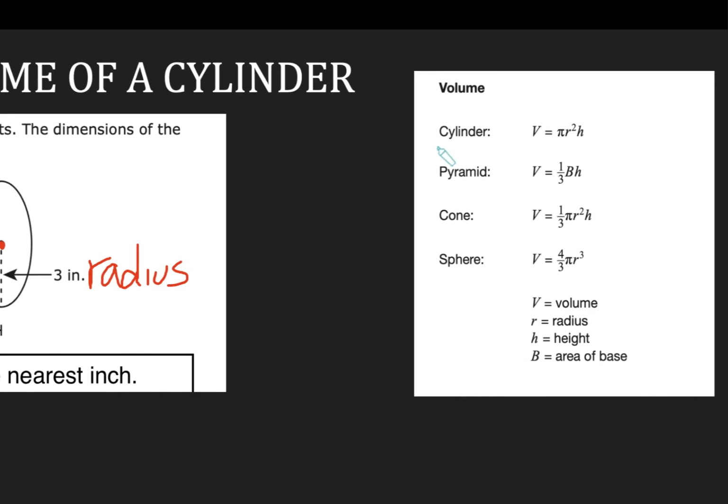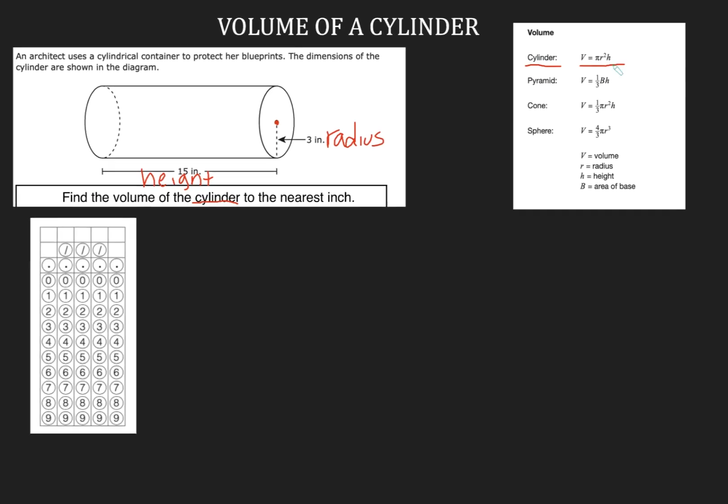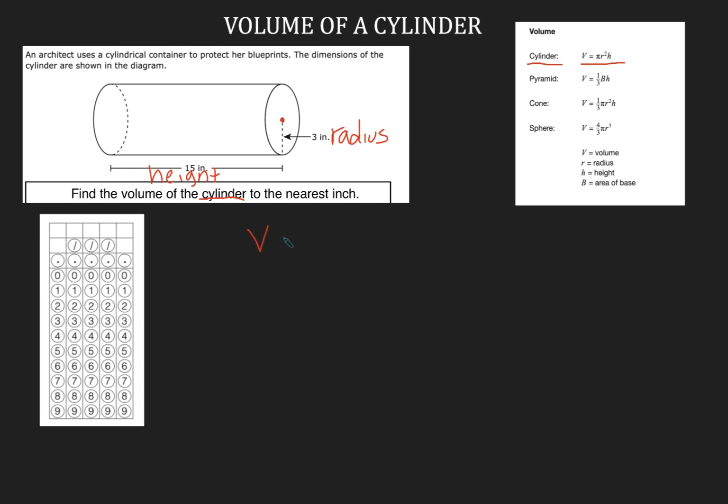So we know it's a cylinder, so you go to your reference sheet, you find cylinder, you see the associated formula, and we're going to write it: V equals pi r squared times height. Now remember, pi has an estimated value of 3.14.